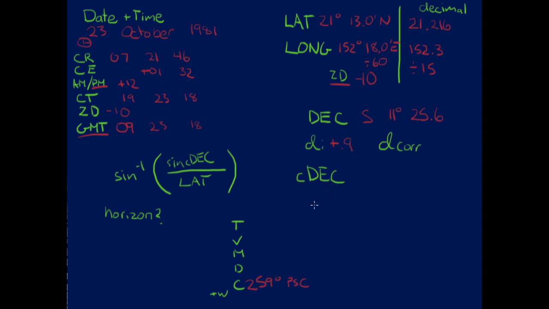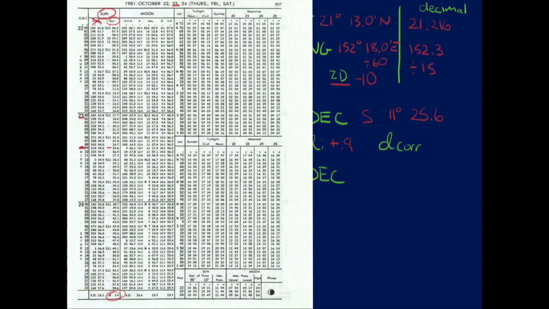Now, I'm going to go ahead and skip looking it up in the back, but in the nautical almanac, there's the white pages in the beginning, the yellow pages at the end. The white page tells you what it is for each hour. The yellow page corrects for the minute. So we look in the yellow pages for 23 minutes, and we don't care about the seconds because for amplitude, all we need is to correct the D. So we take this 0.9, we look that up on the sun column of the yellow page.